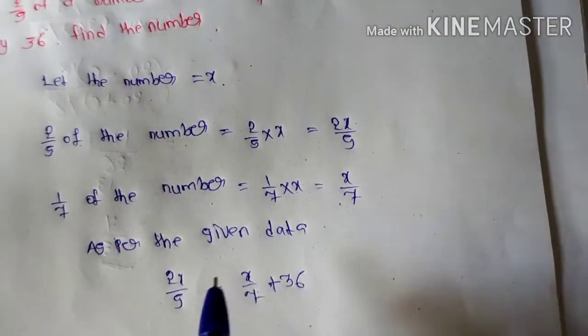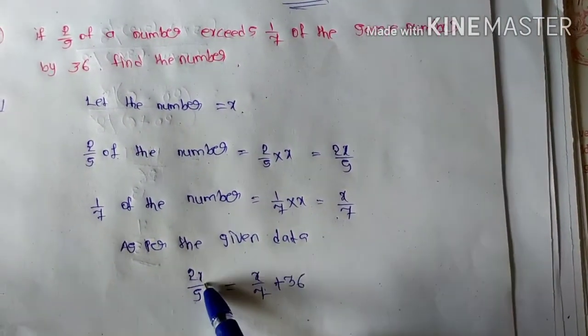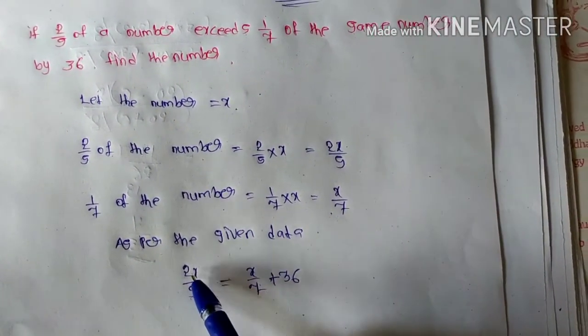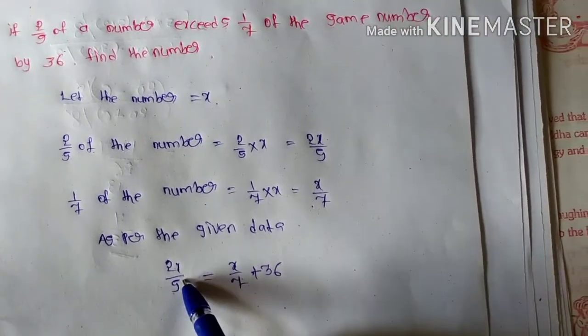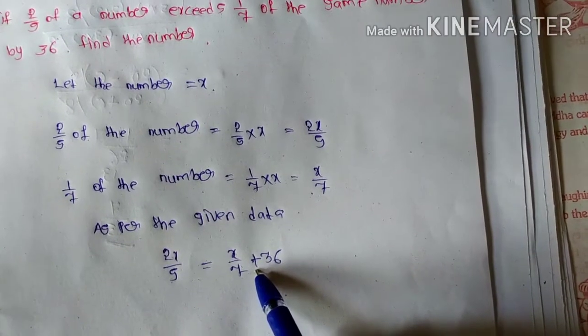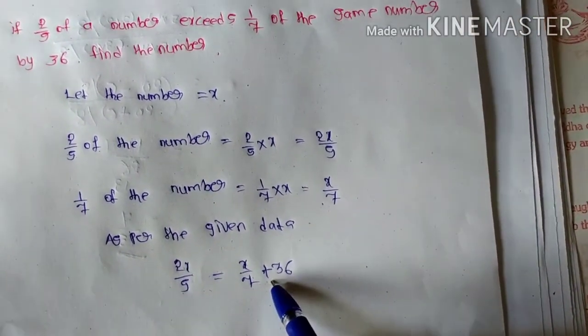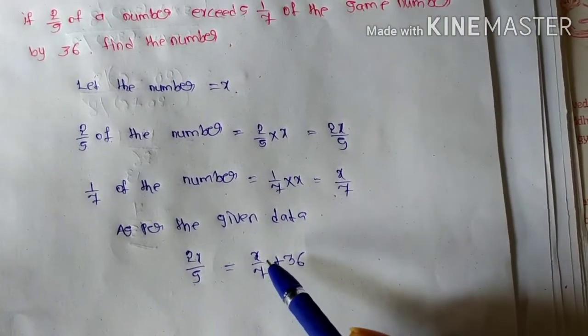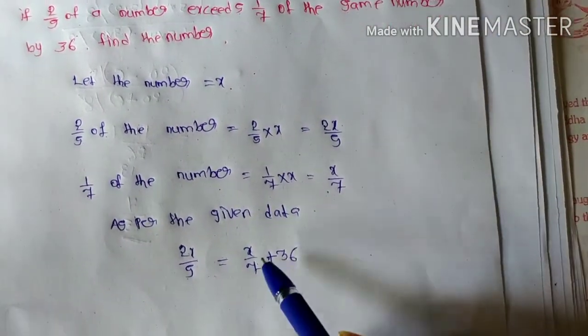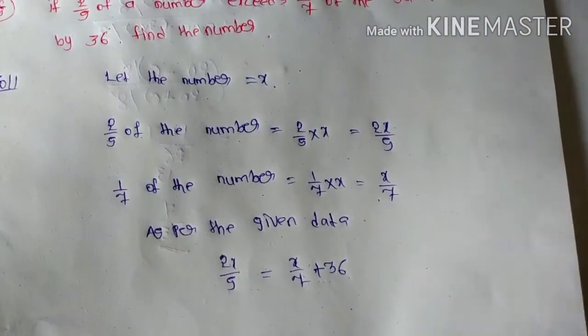Remember, exceeds means you can take addition. The same number 1 by 7 means x by 7, by how much? 36. Now you can solve this equation.